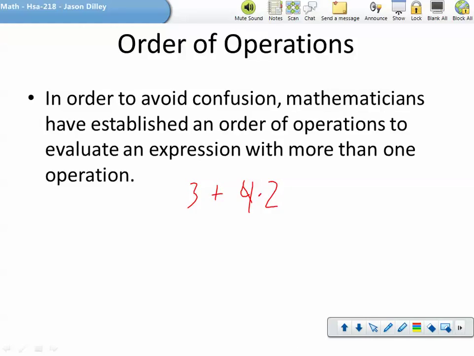And they said, well, to avoid confusion, let's just come up with a way that we're going to do it all the time, so that there's no vagueness. If everybody does it the same way, then when I ship something overseas to you, you know what's going on because we did it the same way.